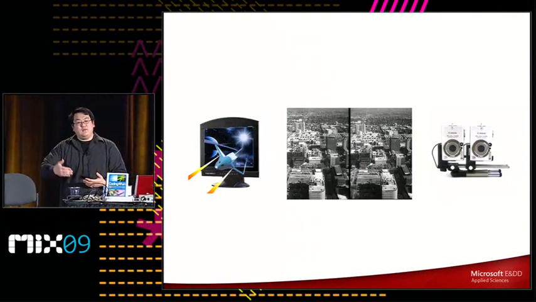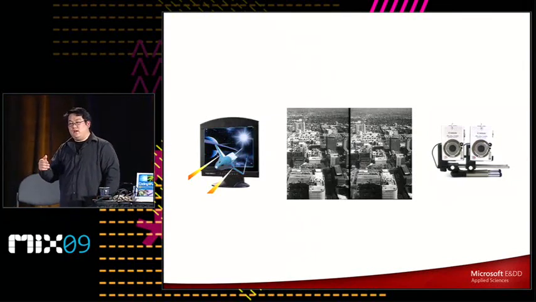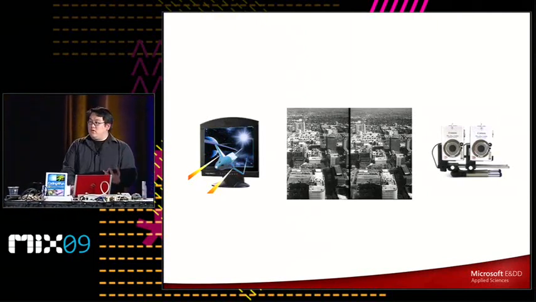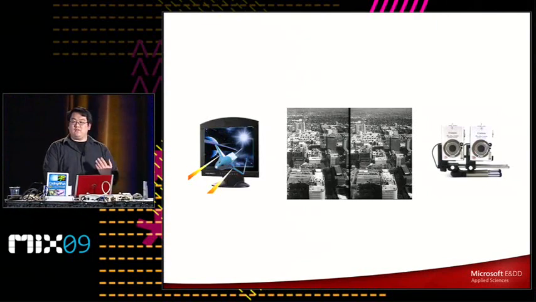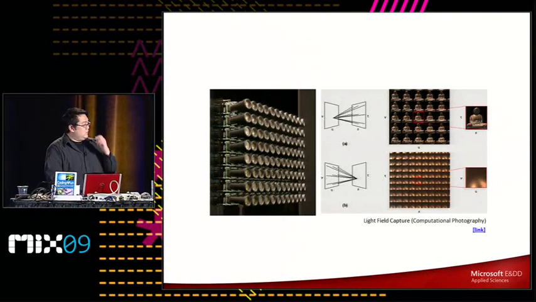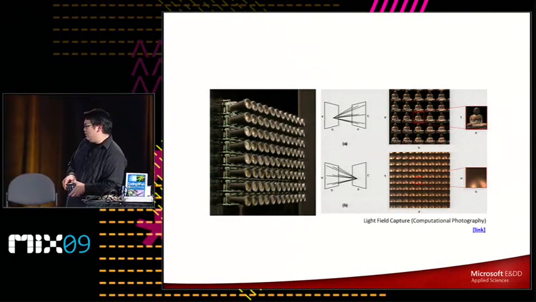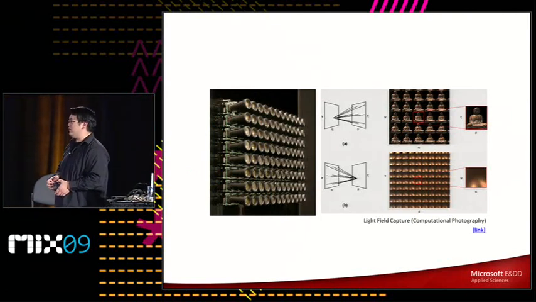Now, a separate image for every eye means you need to capture a separate image for each eye, which makes these stereo camera rigs. Now, instead of doing 2 eyes, you do the exact same thing for every pixel on the screen. And you get arrays like this, which is a Stanford project creating, I think, a 16 by 16 pixel light field.